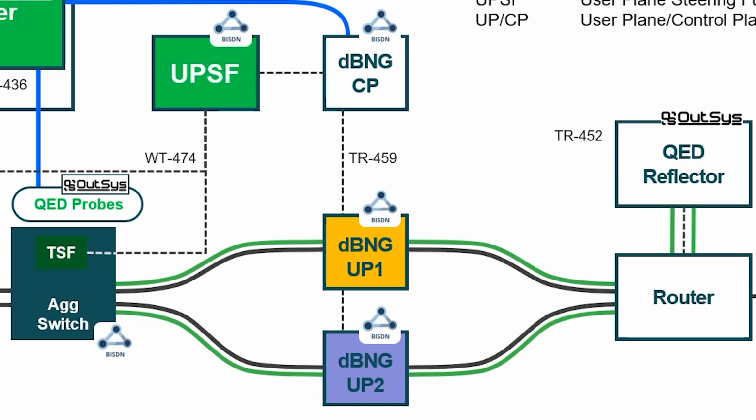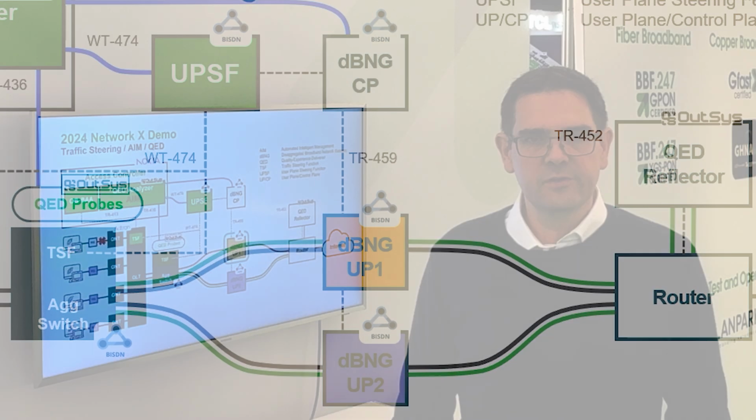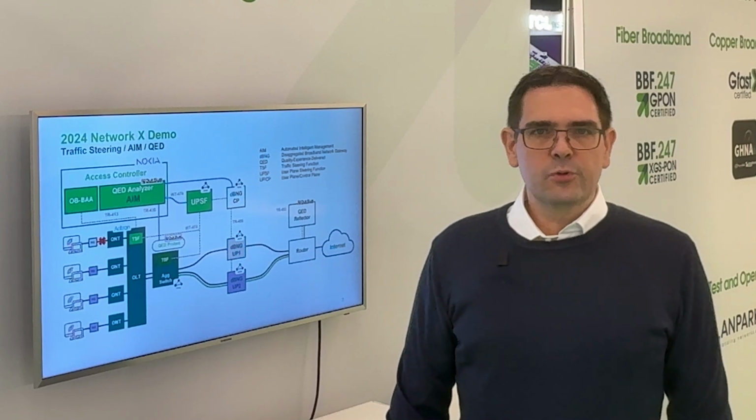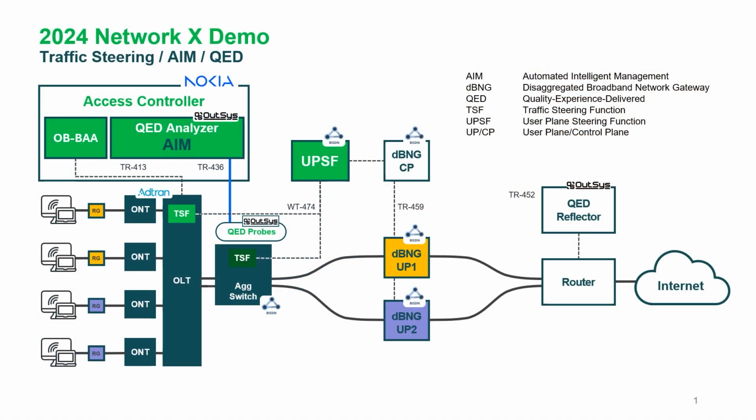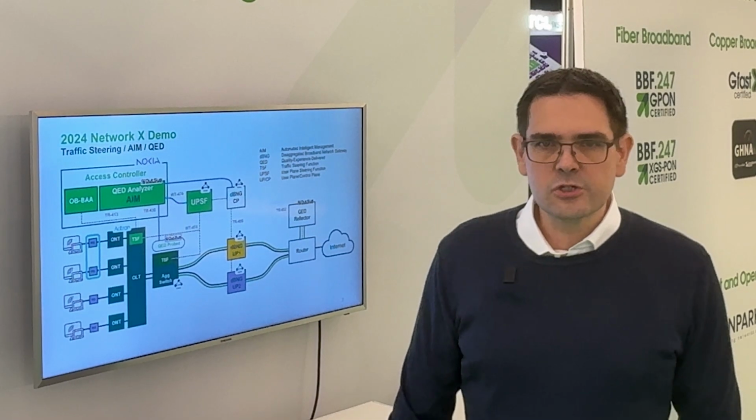It is capable of scaling user planes up and down using Kubernetes' inherent scalability features. We make use of the SSS protocol to bind this BNG to Outsys' QED Analyzer component, which then scales user planes up and down as needed based on offered load. This is for optimizing resource utilization.